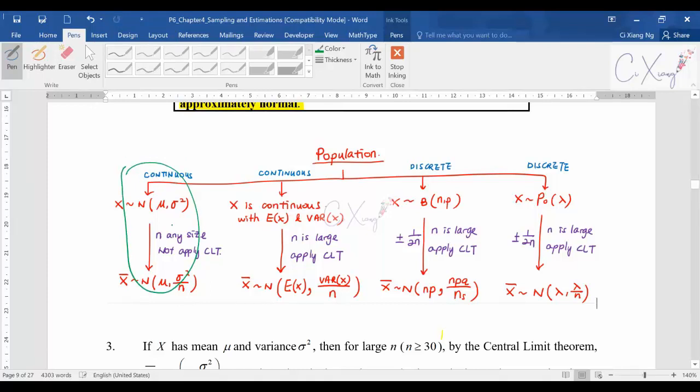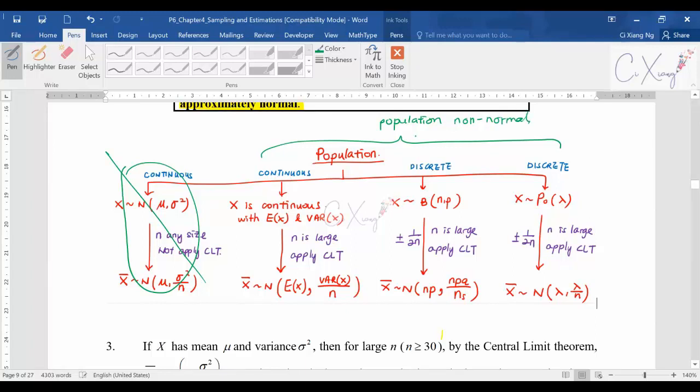For this video, we are going to focus on the remaining three types. All the remaining three types here are populations that are not normally distributed.